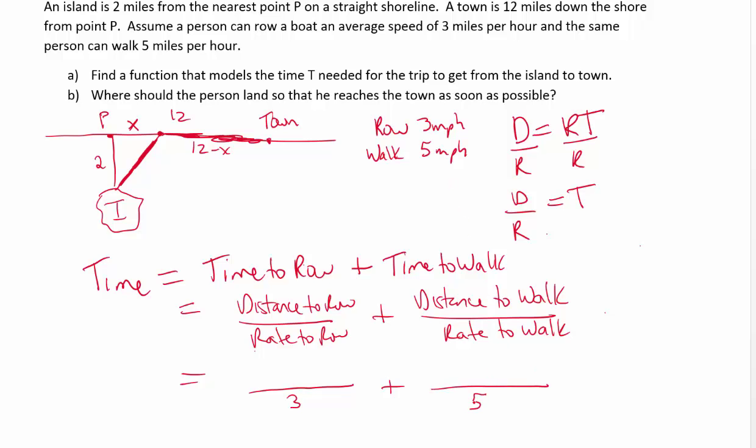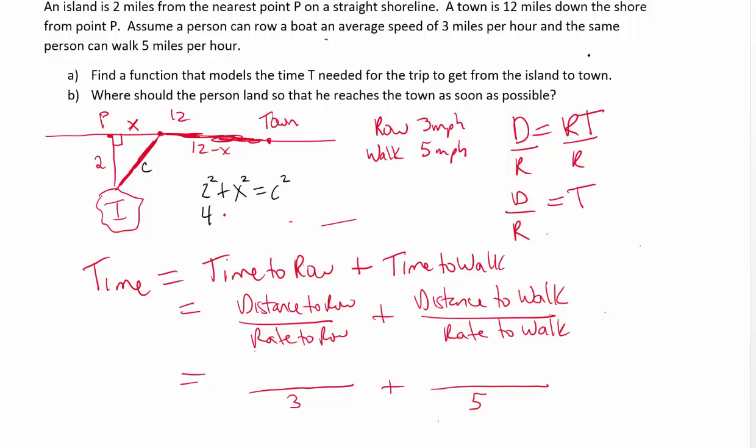But the distance to row is this hypotenuse, and you can assume that this is a right angle right here. So we're needing to know the hypotenuse of this right triangle. And hopefully you remember from geometry that every right triangle has to satisfy the Pythagorean theorem. So if I were to call this hypotenuse c, then according to the Pythagorean theorem, the leg squared, 2 squared, plus the other leg squared, x squared, has to equal the hypotenuse squared.